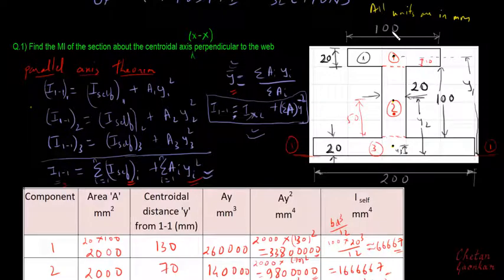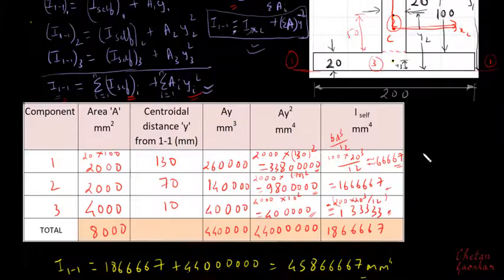So basically I need to find, this is our point C, the centroidal point, what will be the moment of inertia about this axis, provided I know the moment of inertia about the axis I11, which I have already found.